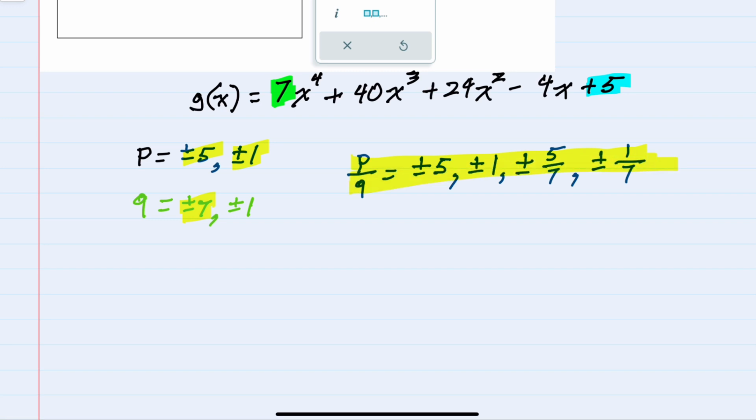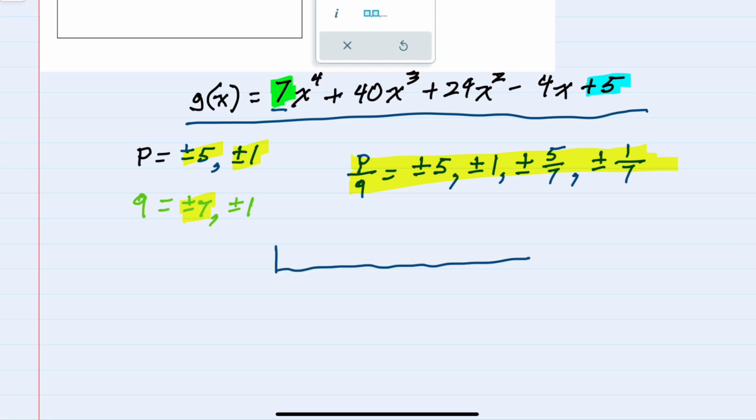And now to find the zeros, we can just use synthetic division to see if any of these work. Setting up this polynomial for synthetic division, we would use each of the leading coefficients and their signs and make sure that we don't have any missing terms. So we've got a 4th degree, we would have to have a 3rd degree.